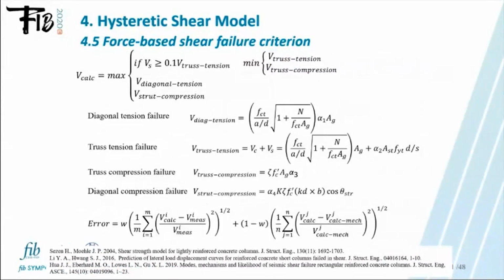The methodology builds primarily on the work of Sezen and Moehle, who developed a procedure to estimate the shear strength of columns controlled by truss tension, and Li and Wang, who developed a procedure to estimate the shear strength of columns controlled by strut compression. We added 2 new steps to consider diagonal tension and truss compression mechanisms of failure.